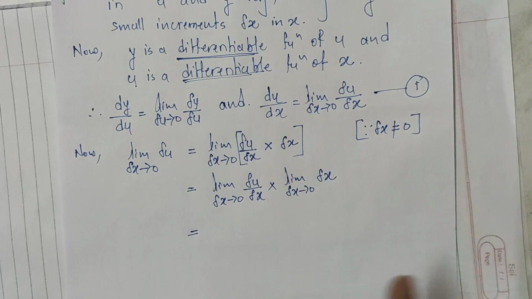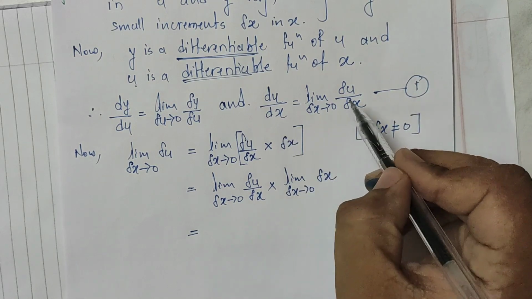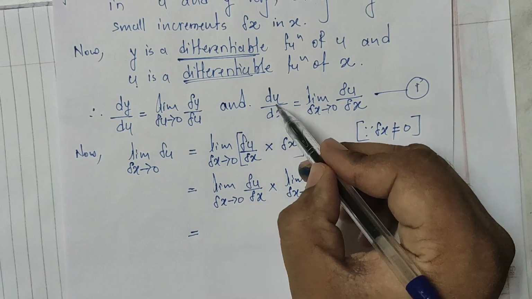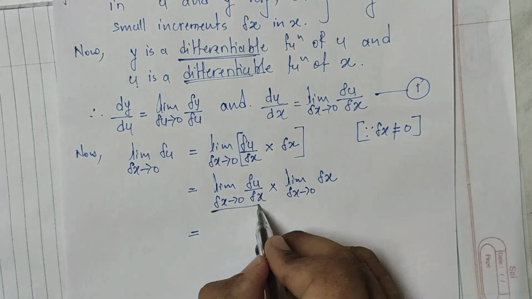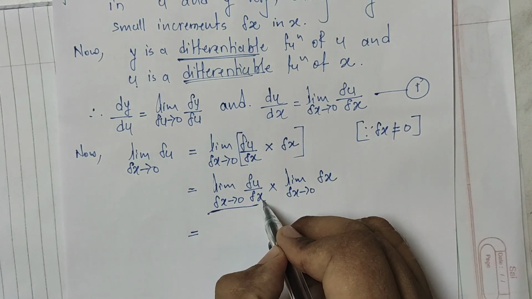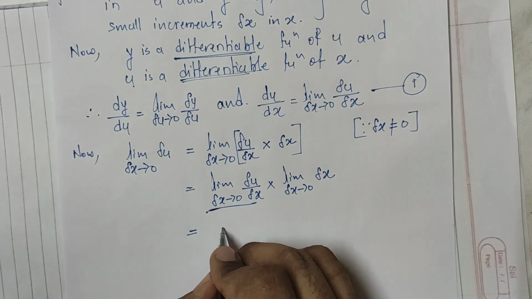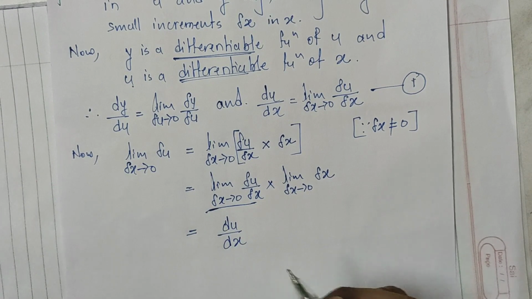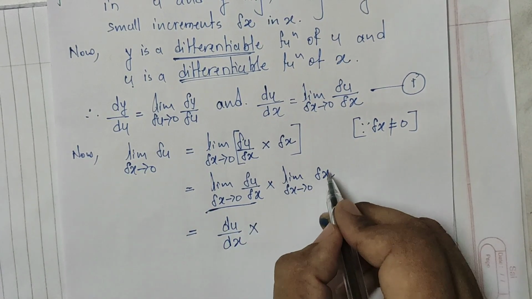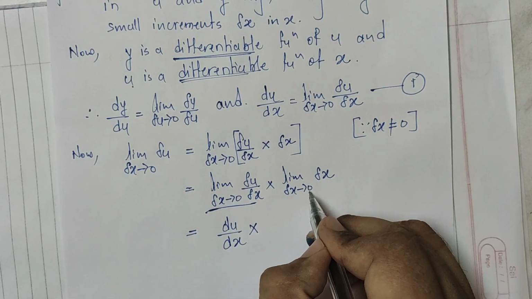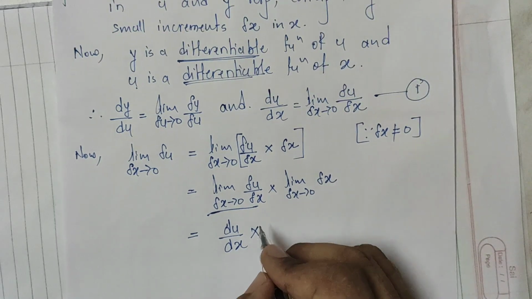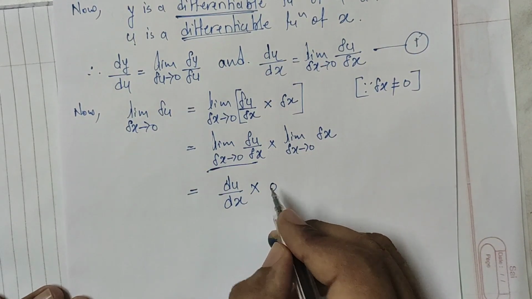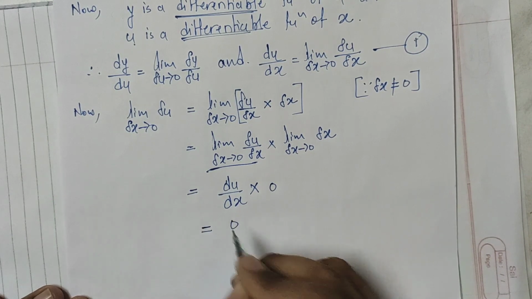From equation 1, the limit of delta u upon delta x as delta x tends to 0 gives du upon dx. Why? Because u is a differentiable function of x. Therefore, du upon dx into 0, since delta x approaches 0, you get the answer 0.